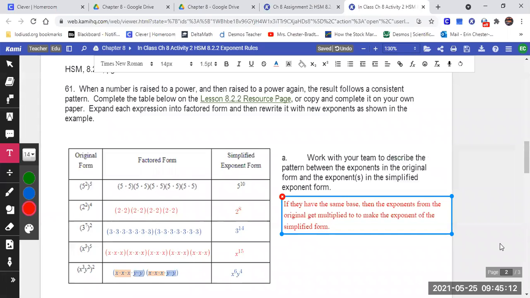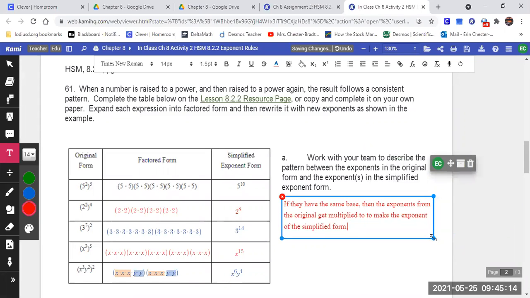Right? That's what we noticed happened, right? They have to have the same base, though. That's still ultimately the important thing. Okay? Ultimately, they have to have the same base.